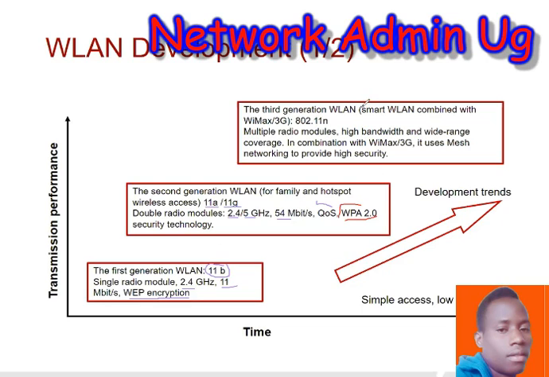The third generation that saw 802.11n being developed uses what we call multiple input, multiple output. It is also used in WiMAX and 3G for connections in smartphones. So what happens is that this high bandwidth and wide range coverage is used for the combination.